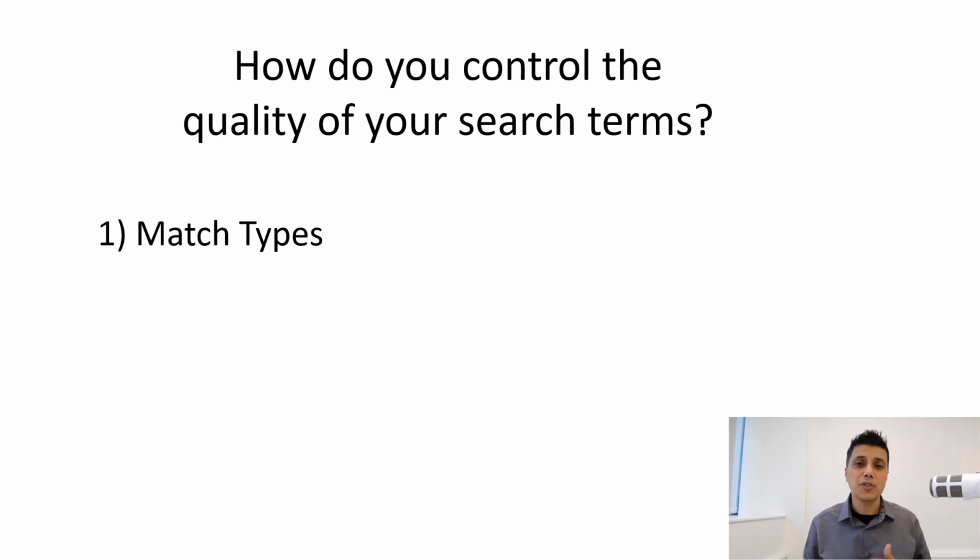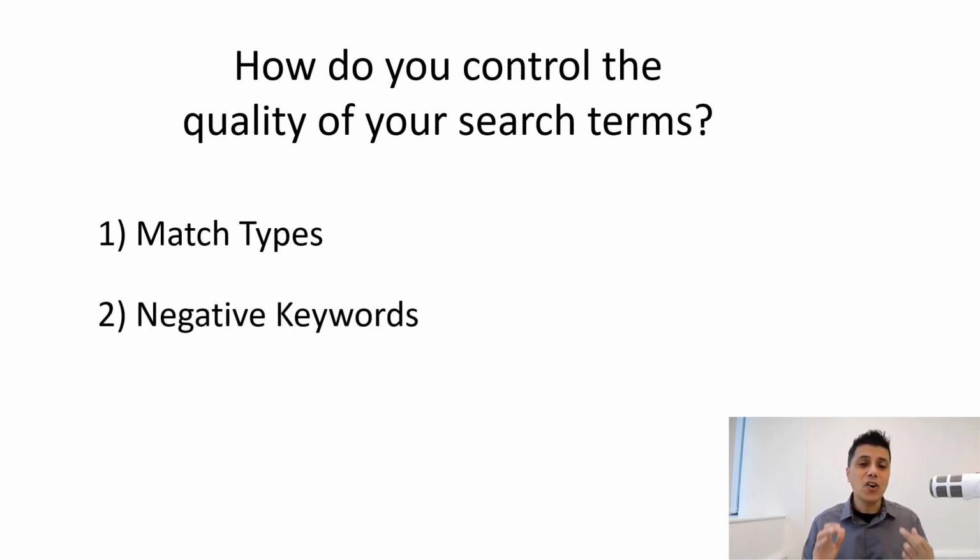The other way you control the quality of your search terms is by keeping a regular eye on your negative keywords. So if you find that Google has shown your ad for a search term which is definitely not relevant to you, you can add that search term as a negative. Then Google will not display or use that search term in future.